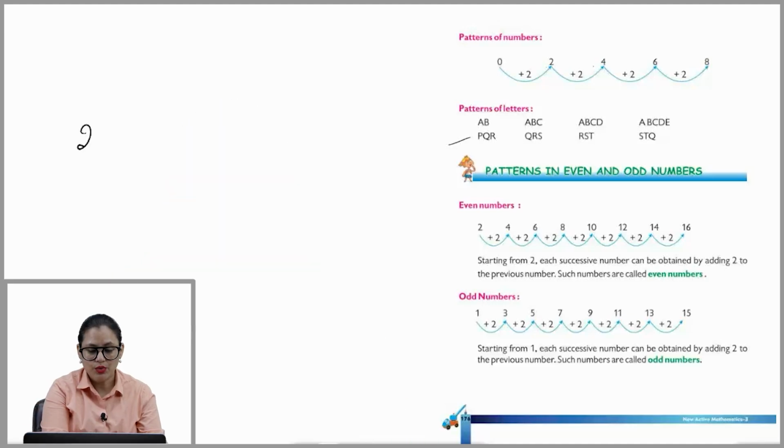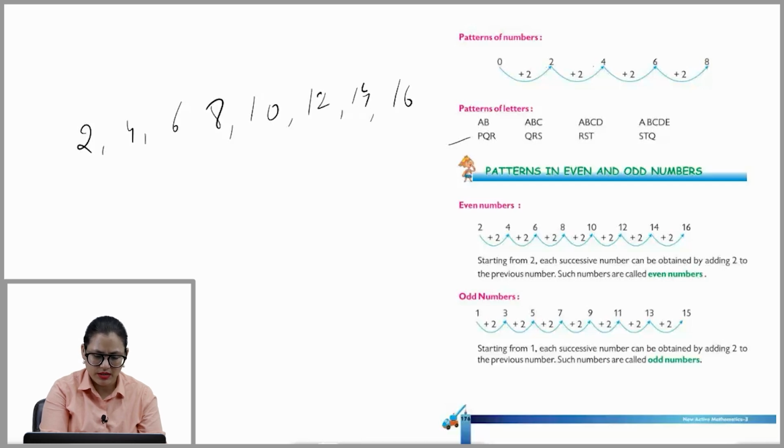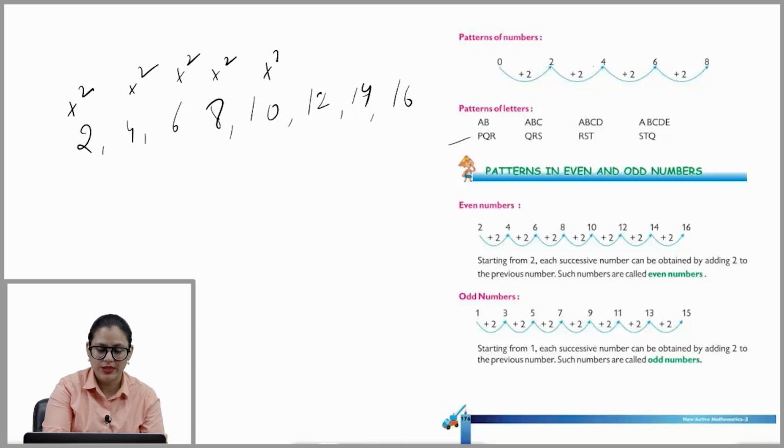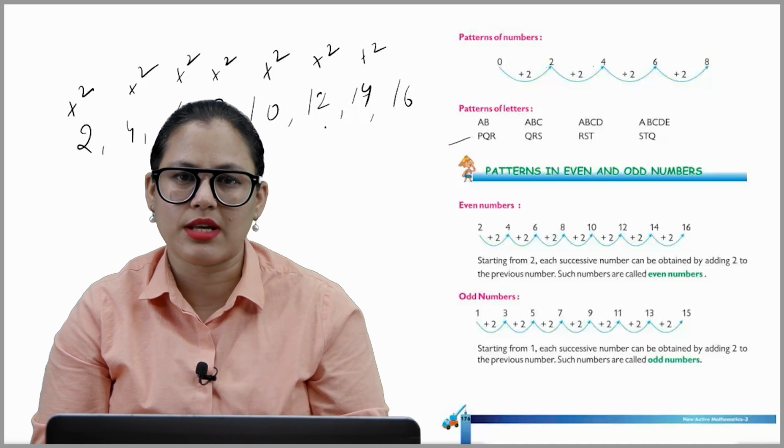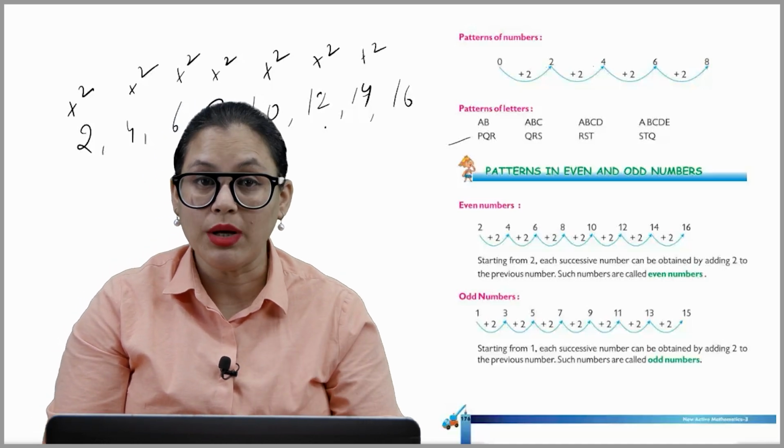See, 2, 4, 6, 8, 10, 12, 14, 16. How are these numbers increasing? We are adding 2. 2 plus 2 is 4, 4 plus 2 is 6, 6 plus 2 is 8, 8 plus 2 is 10, 10 plus 2 is 12, 12 plus 2 is 14 and 14 plus 2 is 16.